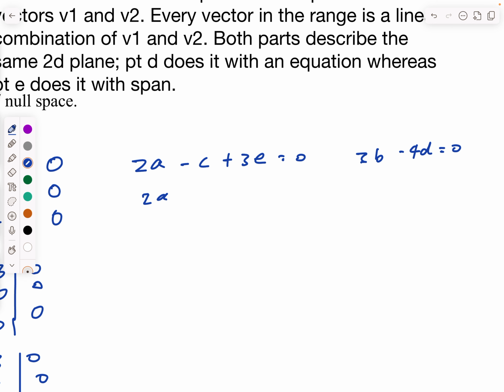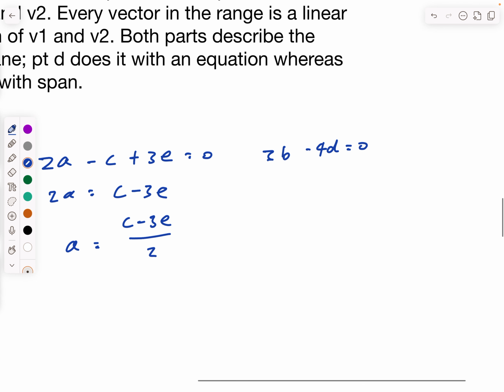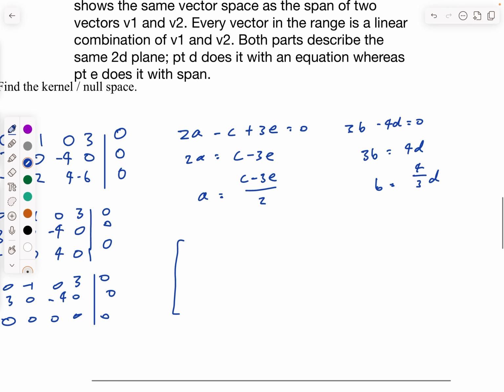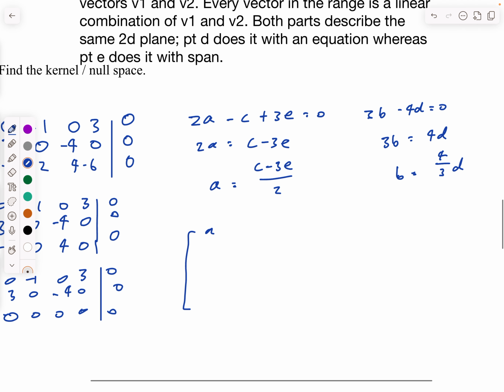We can isolate for A here. So we get 2A is equal to C minus 3E, and A is equal to this all over 2. And then isolating for B, we get B is equal to 4 over 3 D. So in a similar way, we can remember that the original space can be described as this.